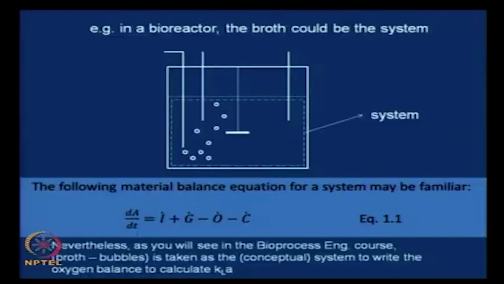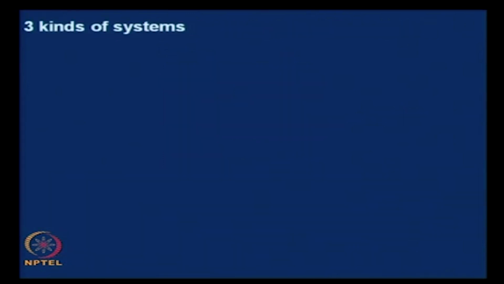This becomes essential for easy analysis of the system towards calculation of the volumetric mass transfer coefficient, or the KLA. Essentially we write an oxygen balance around that system consisting of broth minus the bubbles, and that gives us the KLA. So the choice of system becomes very crucial, and an effective choice of system, as you would know, comes through practice.